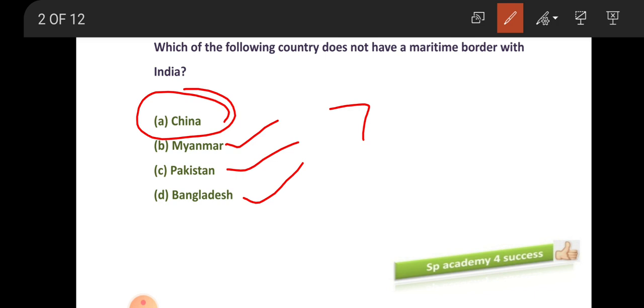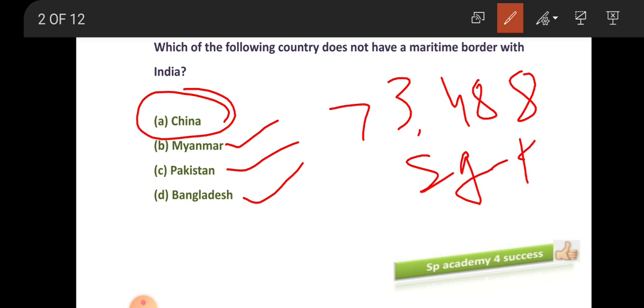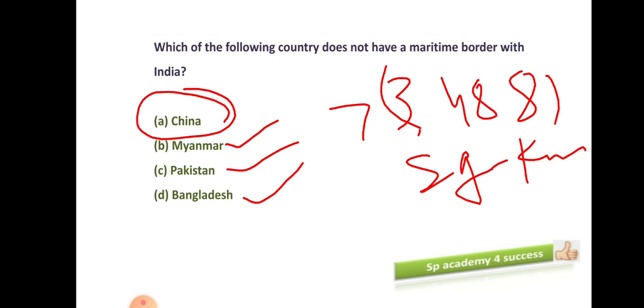And we have discussed that China is having a land border with a length of 3,488 kilometers. China is sharing a land border but not a maritime border. So what is our answer for this question? Option A is the right answer for this particular question.